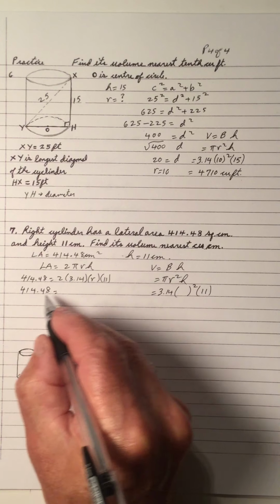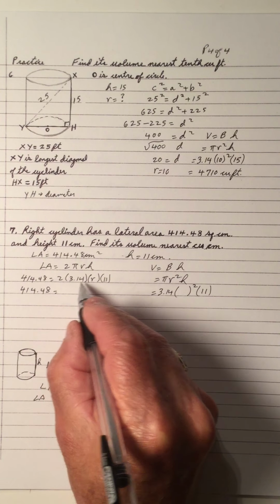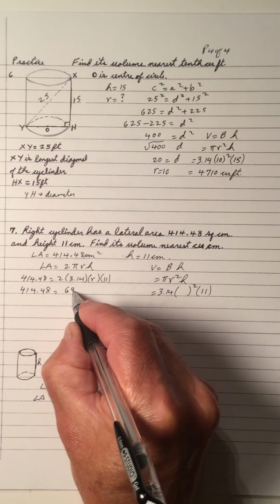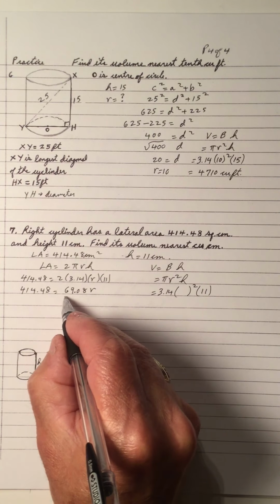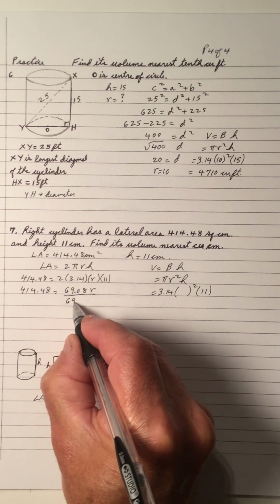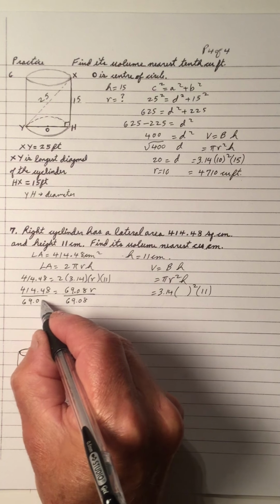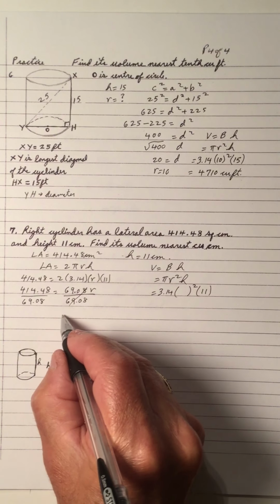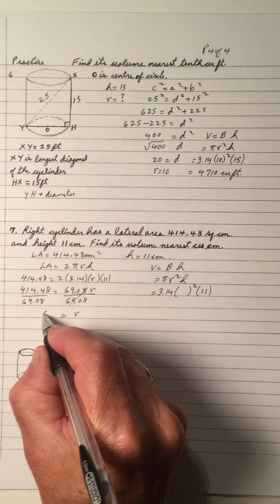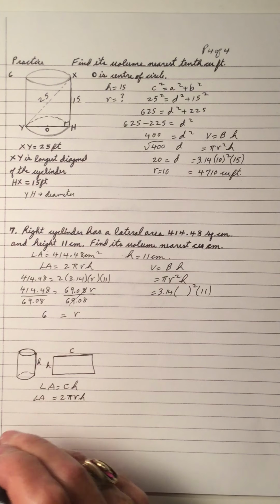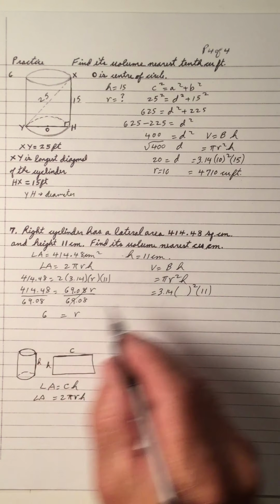And when you multiply all that out, 2 times 3.14 times 11, you get 69.08 R. Now you divide both sides by 69.08. That cancels to give you R. And when you divide, that gives you a 6. I completely worked everything out to be nice radius, so you wouldn't have too much trouble.